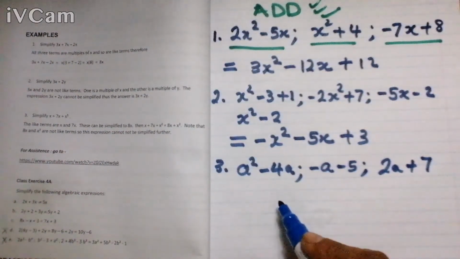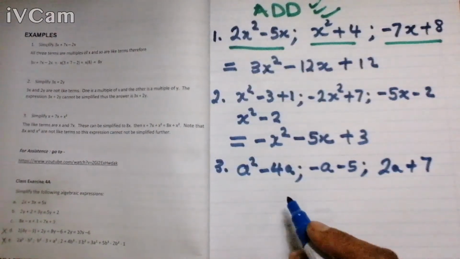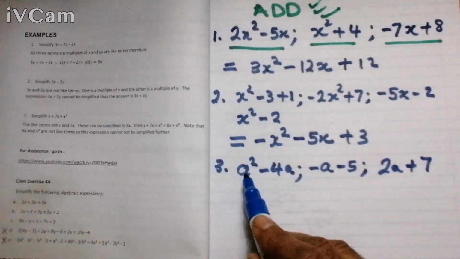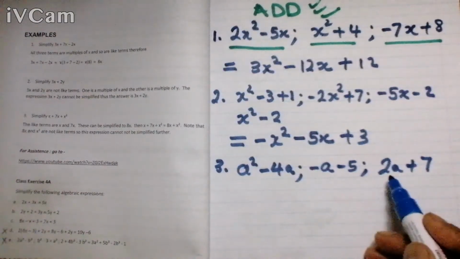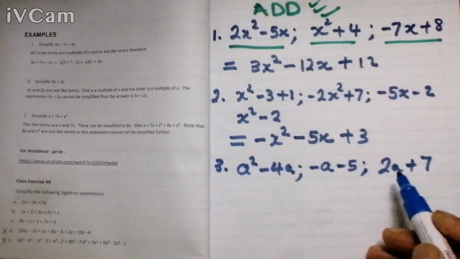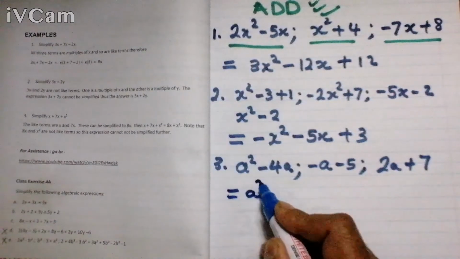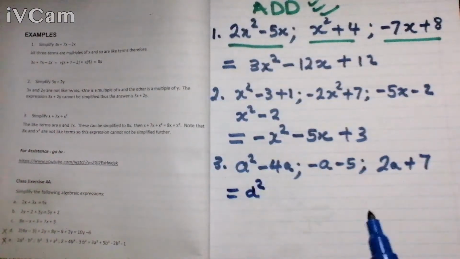So let's add the terms involving the a squared. There's an a squared here, there is no a squared there and no a squared there. So there's going to be nothing to add, so we're left with a squared.